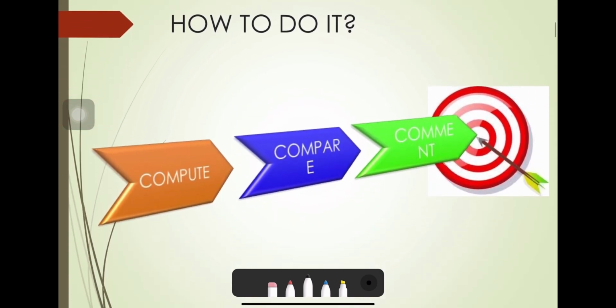And then how to do it? So number 1, we have to compute. Okay, compute means you have to calculate using the ratio formula. Okay, so this is based on the formula, and then you compare it, either with the industry or with the previous year or with your competitors, and then you are going to comment, okay, whether your ratio is good or not, why it is good, why it is not good, to reflect the performance of the financial condition of the company.